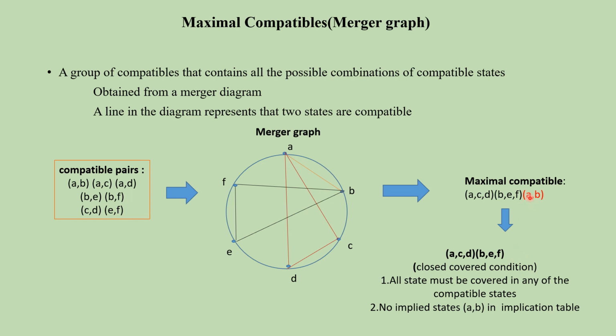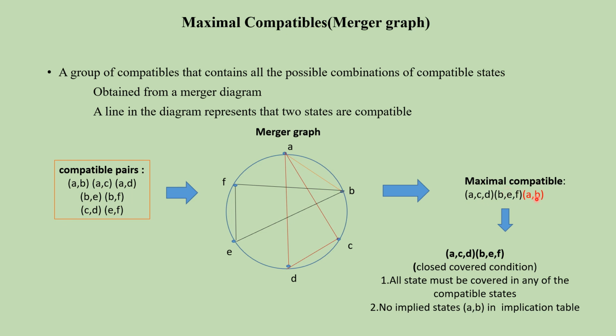And if we need to reduce this A and B also, it should not be an implied state in the implication table. No implied state should be there in the name of AB in the implication table. In our implication table, we had only implied states such as CF and DE. So in that case, we can simply remove this AB because it is already there in this closed covered condition.